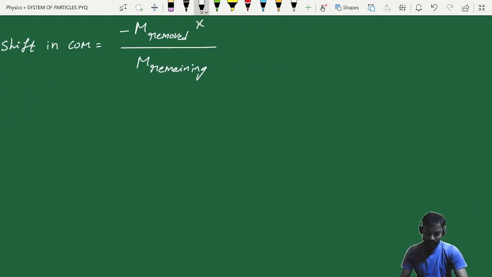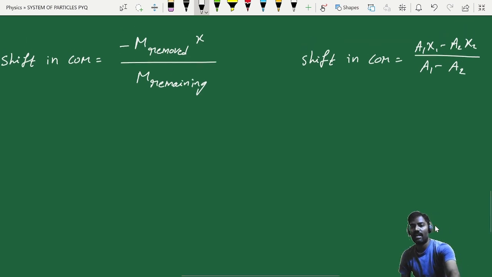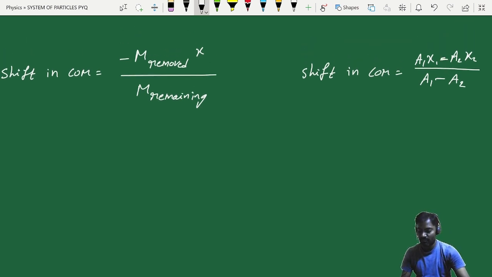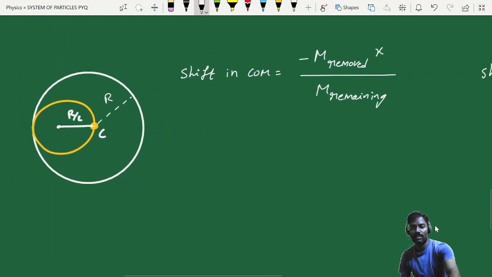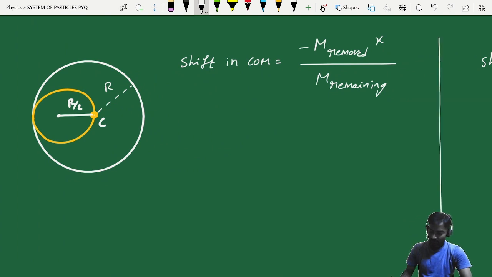Or another method is the shift in center of mass is equal to a1 x1 minus a2 x2 by a1 minus a2. As the mass is removed, I am taking minus. If they say mass is added, we have to take plus. And the next point is, we can solve it with the help of both the methods. Whatever the method is convenient to you, you can follow.